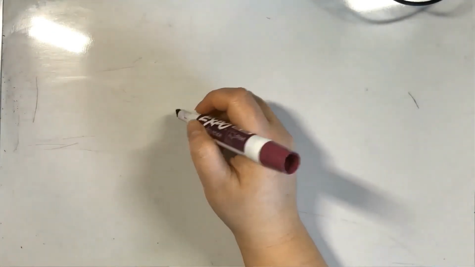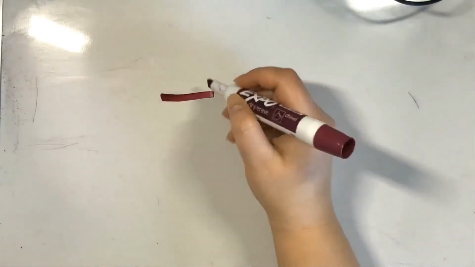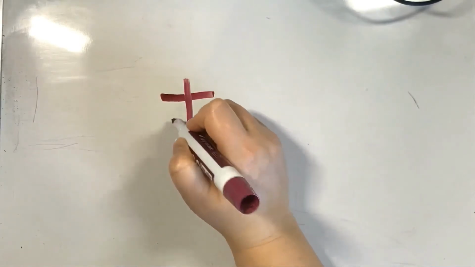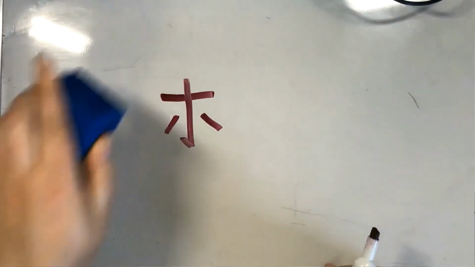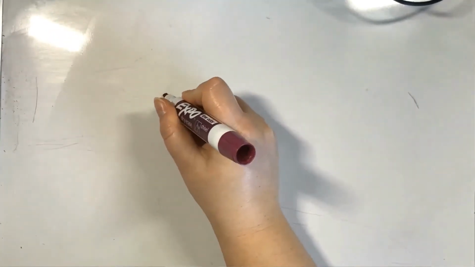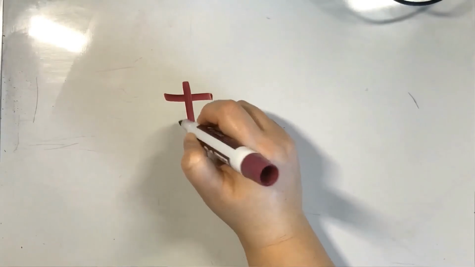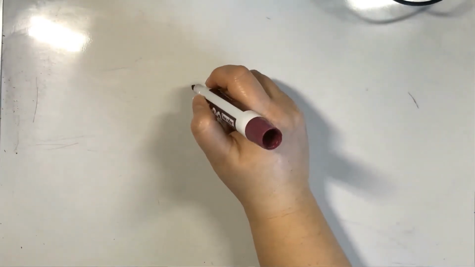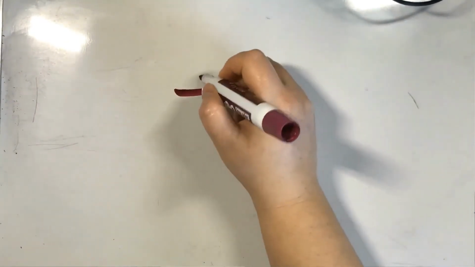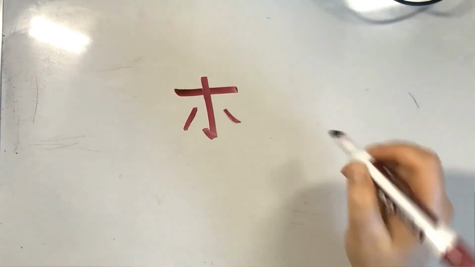So first, let's learn ho. So line across, line going down with a tick at the bottom, left tick, right tick. Cross, down, tick, tick, like so.